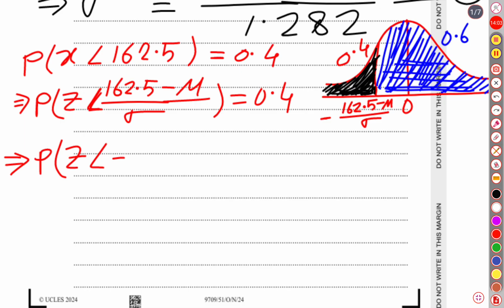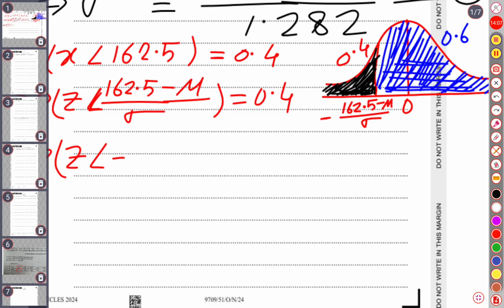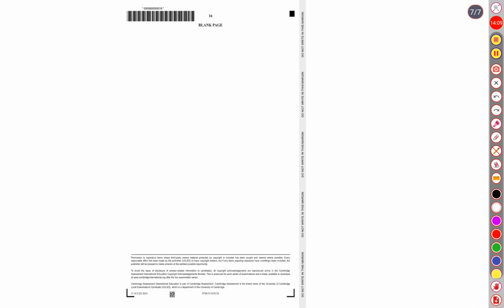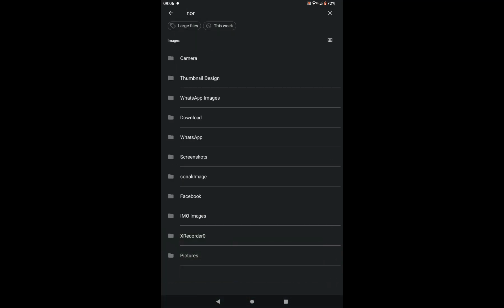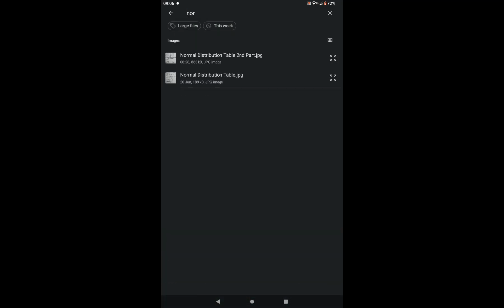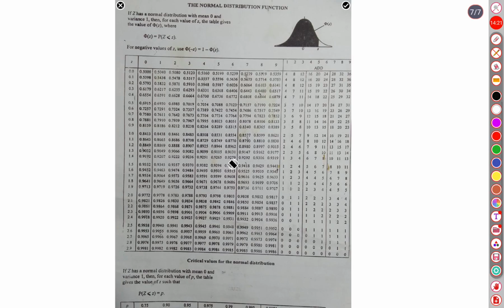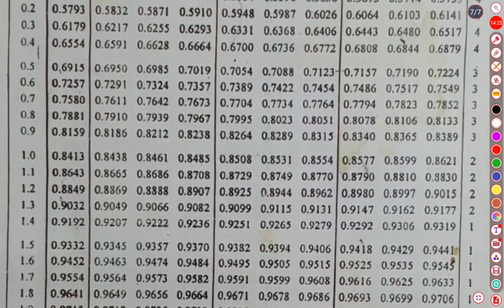So our probability is 0.4. How to find 0.4? Let us take the image over here. Yes, it is the normal distribution table. We have not forgotten that our probability was 0.4.